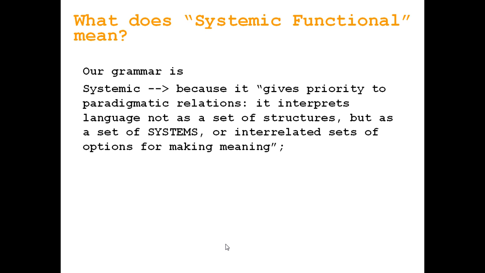Okay, so let's try to get to the core of our lesson. What does systemic functional mean? It means that our grammar focuses on paradigmatic relations. You should know the difference between paradigms and syntagms from your study of general linguistics, but we'll brush up these concepts so that we make sure you understand them very well.